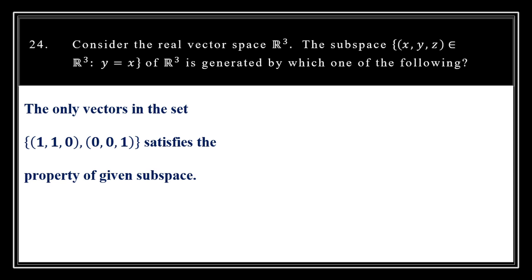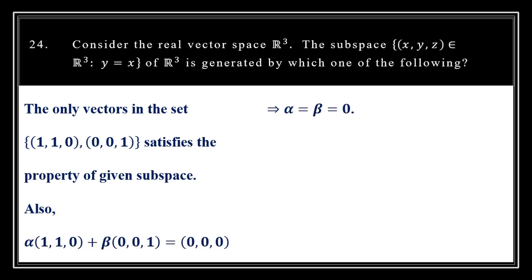property of a basis also. Whenever we take the linear combination of (1, 1, 0), (0, 0, 1) equated with (0, 0, 0), we will get alpha is equal to 0 as well as beta is equal to 0. So these two vectors are linearly independent in R3, and every vector (x, y, z) where y is equal to x can be expressed as a linear combination of (1, 1, 0) and (0, 0, 1).